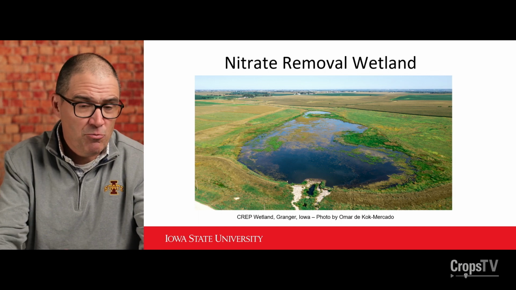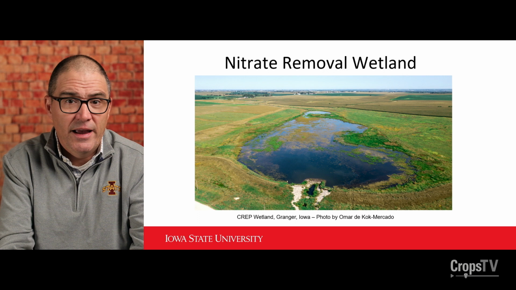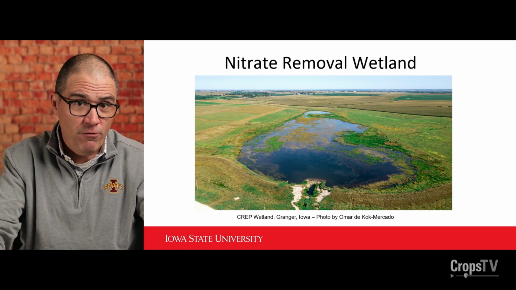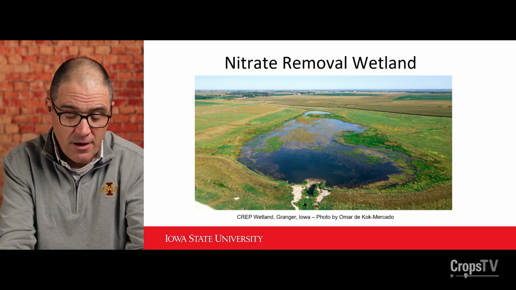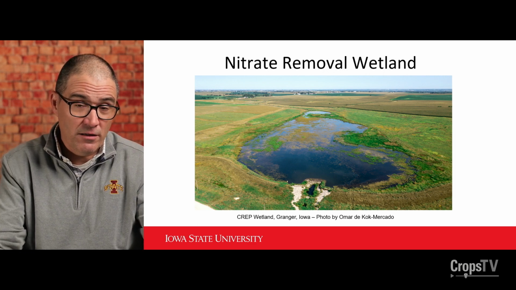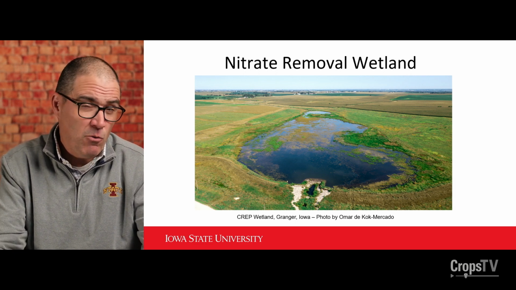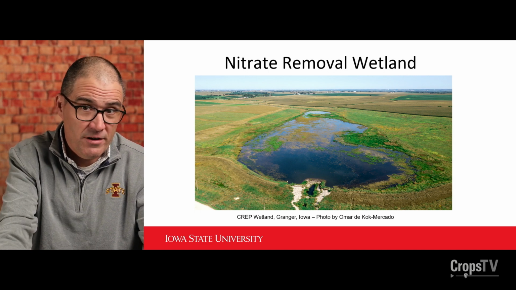A little bit bigger practices are nitrate removal wetlands. In this case, we're taking drainage water and subsurface flow from a small watershed, could be on the average of 1,000 acres, and having a wetland pool there where we can promote denitrification. That wetland pool might be on the order of 1% of the contributing upland area.